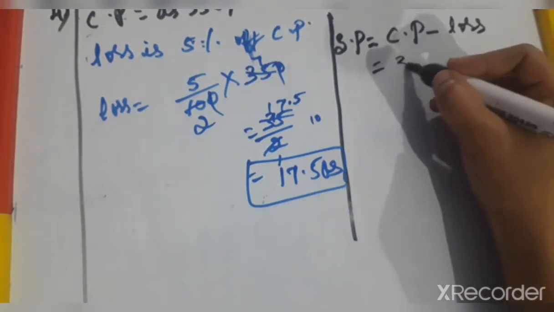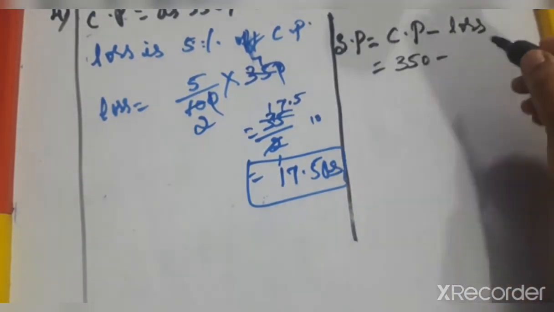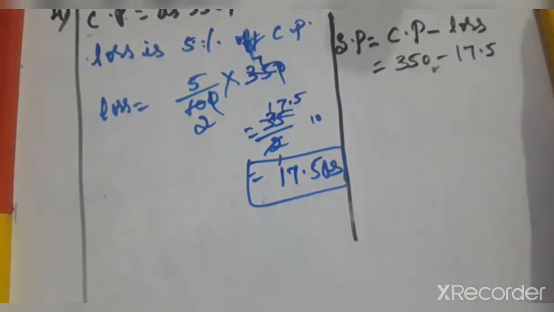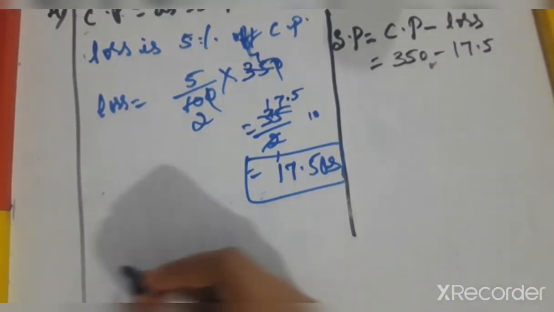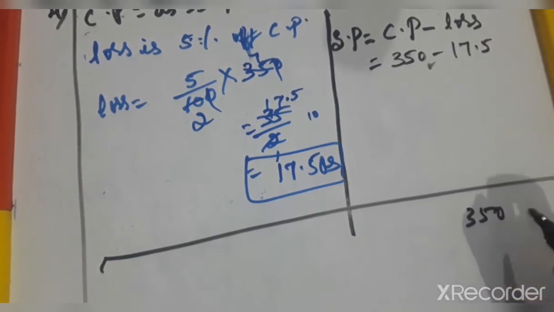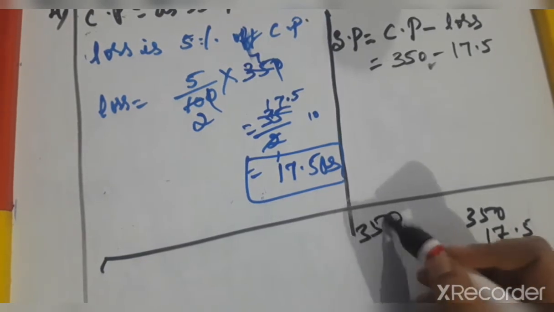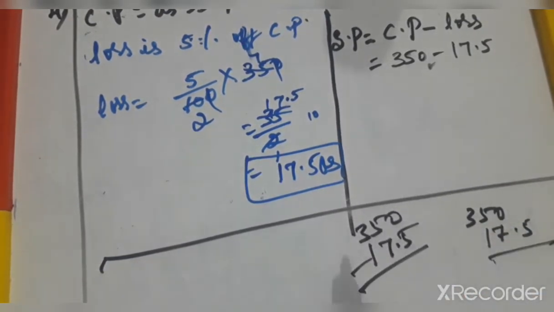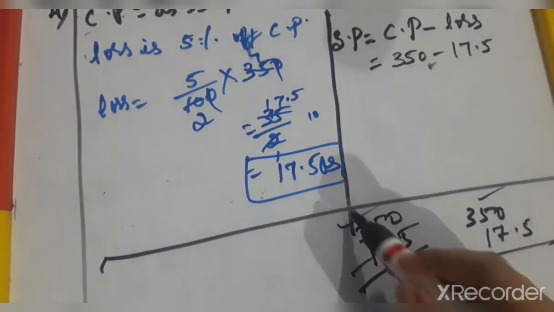Cost price is rupees 350 minus loss 17.5. So we subtract it. How to write 350 minus 17.5? Which is the correct one? This one is correct, this is wrong.